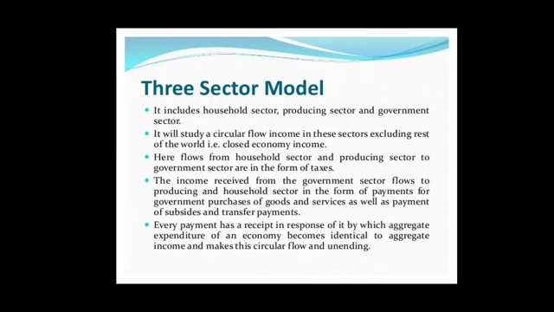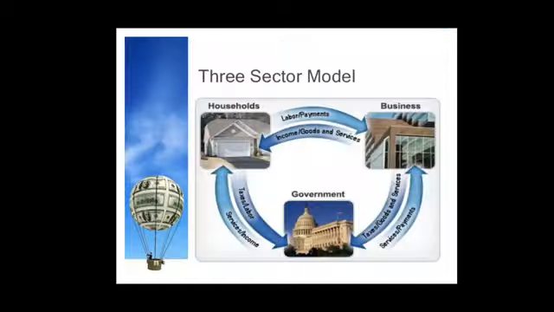Every payment has a receipt in response of it, by which aggregate expenditure of an economy becomes identical to aggregate income and thus makes this circular flow an unending process.